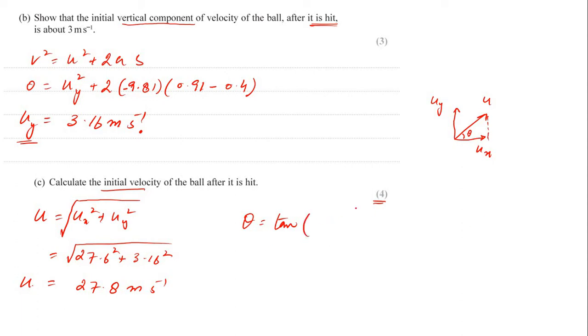So opposite is uy. So you can see this is 3.16 divided by ux, 27.6, and theta would be equal to 6.5 degrees. This is the angle of the initial velocity.